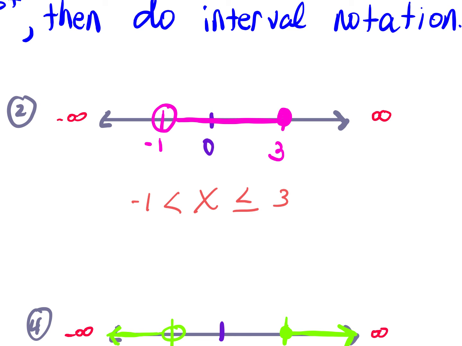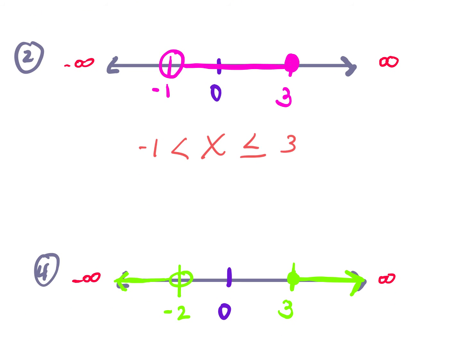So x is between negative 1 and 3. Can it include negative 1? No. Can it include 3? We read from left to right, so my boundaries are negative 1 to 3. What goes on the negative 1? A parenthesis, because it does not include. And what goes on positive 3? A bracket, because it does include. Does that make sense?